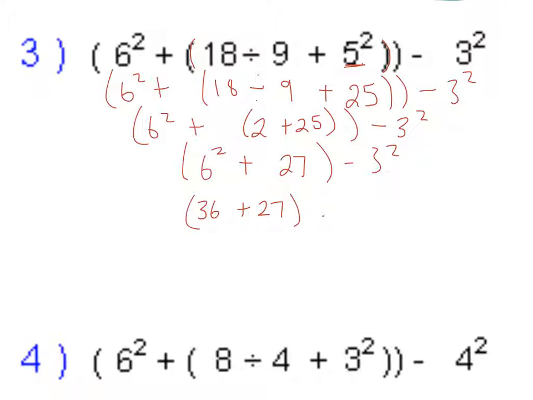That is in parentheses, minus 3 squared. 36 plus 27 is 63. Parentheses are gone. Minus 3 squared. I focus on the exponent because I don't want to subtract before I do an exponent. So 3 squared is 9. So 63 minus 9, and I get my final answer of 54.